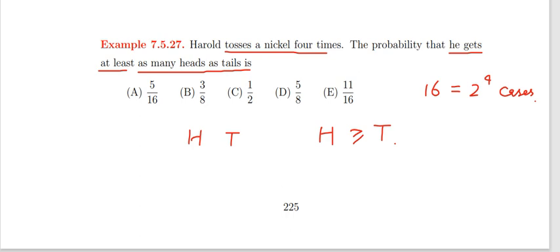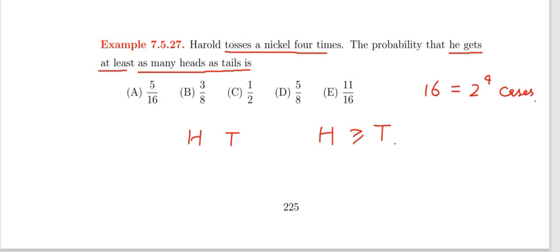So we can use this way, but let's check other ways. 16 is also too many cases, right? Even though we can list all of them, it takes some time. So let's consider another way.